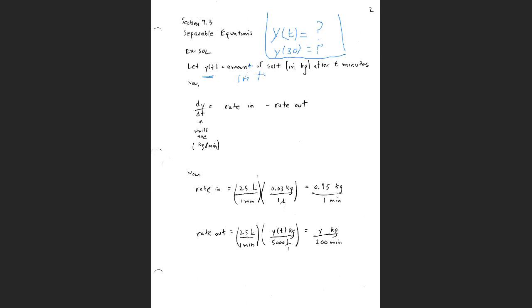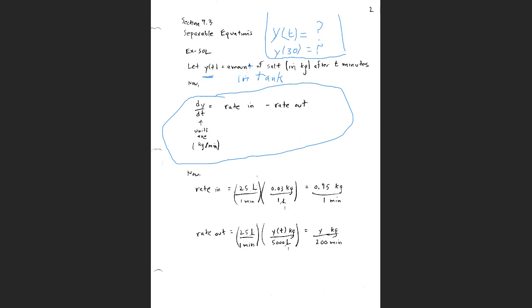So now what I want to do is write a differential equation. Since I'm looking for y, my differential equation is going to be dy dt.